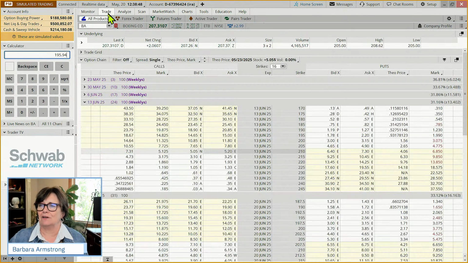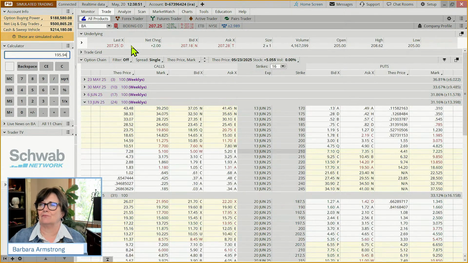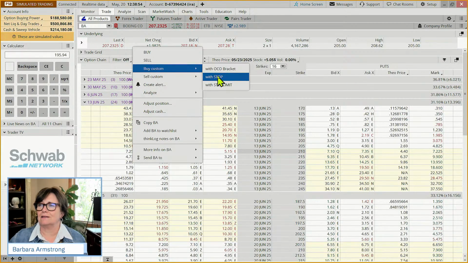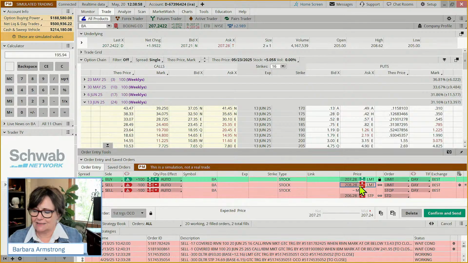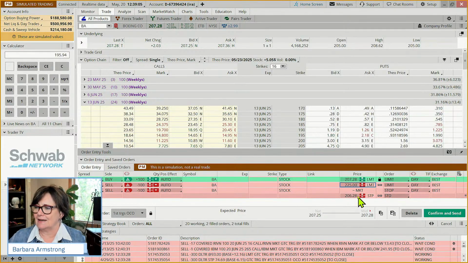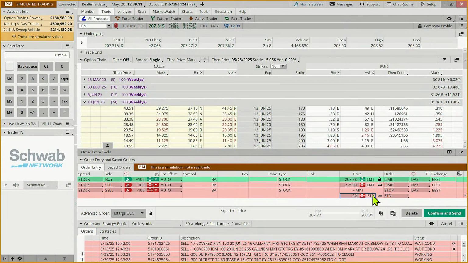So if I come out here and do this as a stock trade, again, I'm going to right click, buy custom with an OCO bracket. My target is based on the flag pattern, 225. And the exit is based on this new support, which is at 195.94, 3% below that.